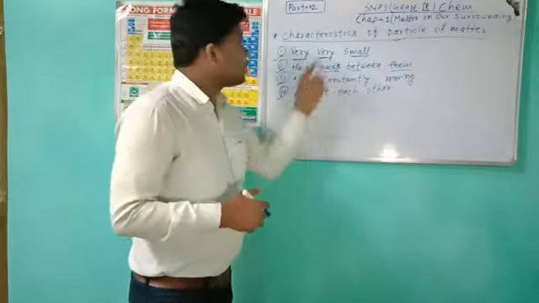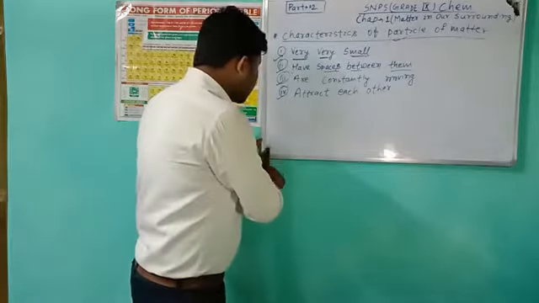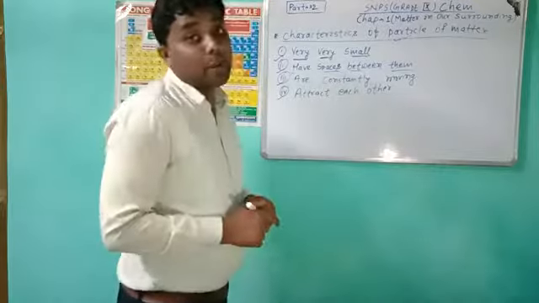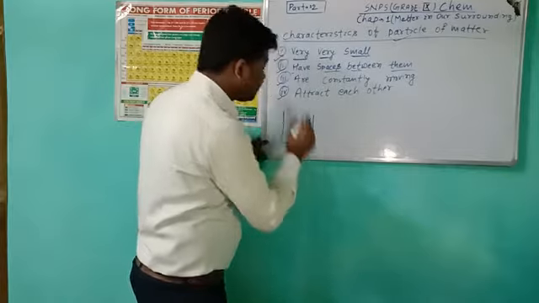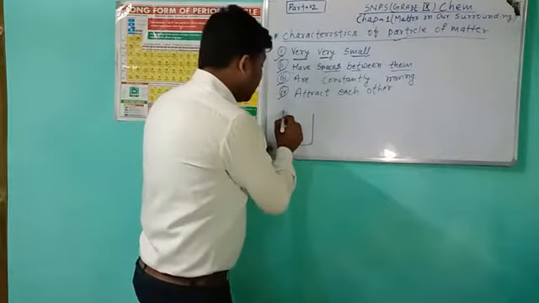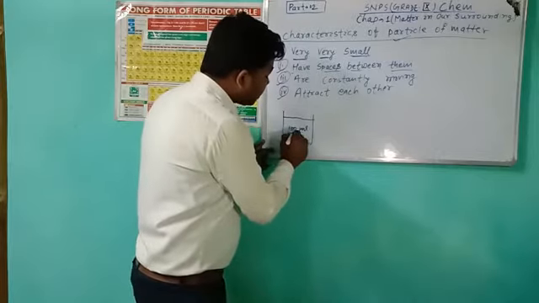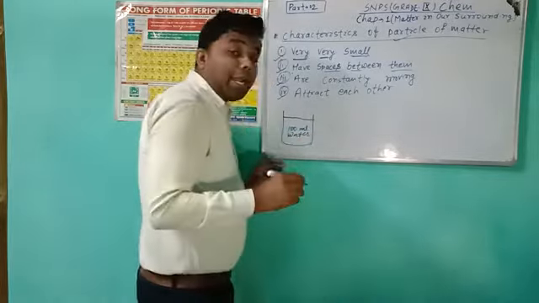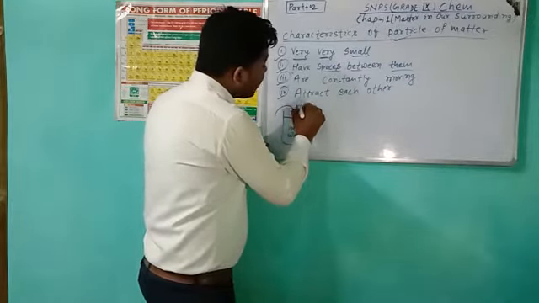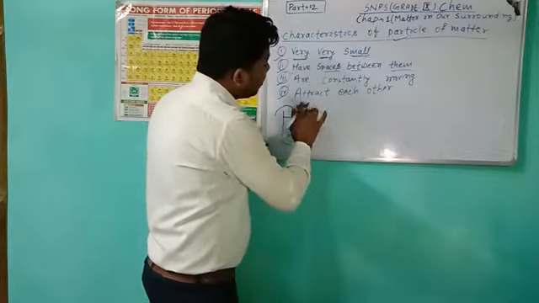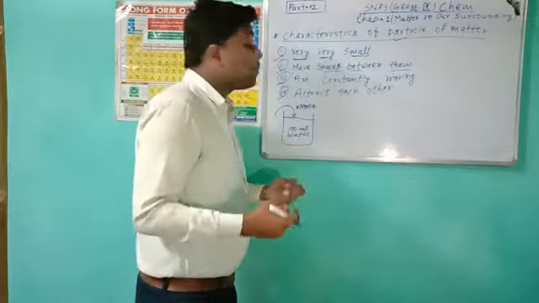To prove this characteristic, we will discuss an experiment. If we take a small beaker in which we take 100 ml of water, and put some potassium permanganate, KMnO4, this is the formula of potassium permanganate.